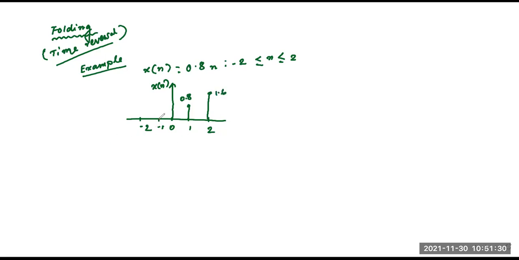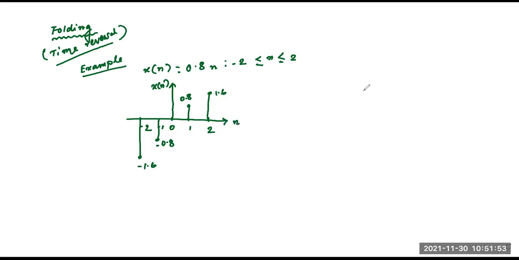I am taking an arbitrary sequence. Okay? This is 0.8, and this is minus 1.6. This is the n side.